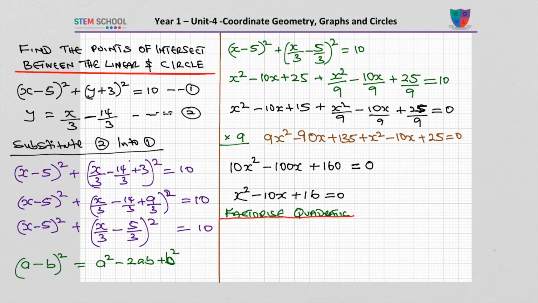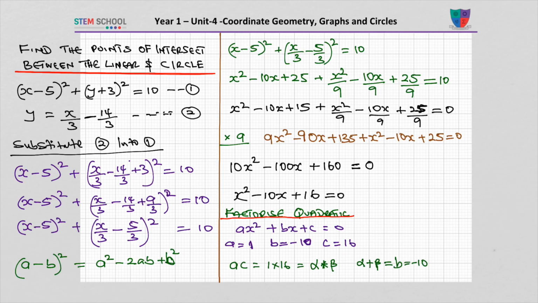And I need to factorize the quadratic. So comparing this equation with the general quadratic equation, a equals 1, there's 1 here, b equals minus 10, and c equals 16. Now I need AC.